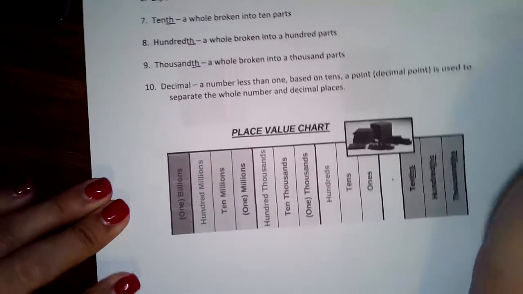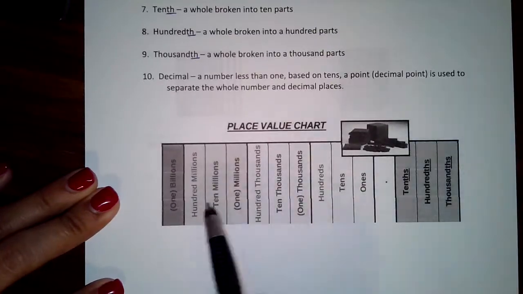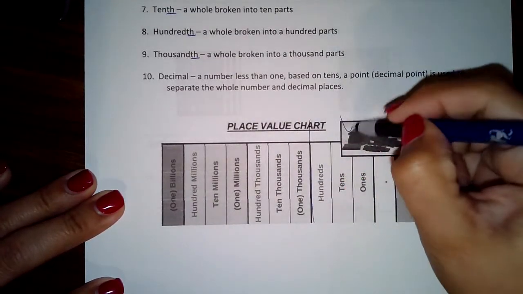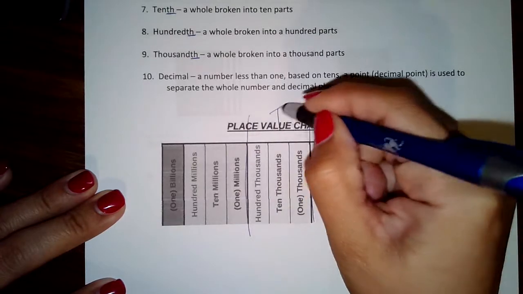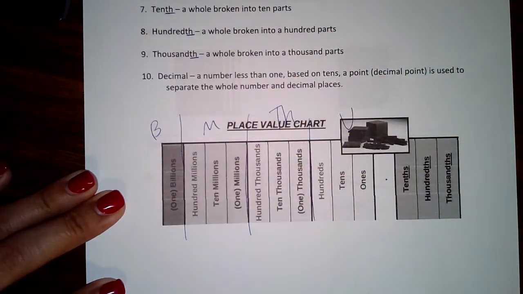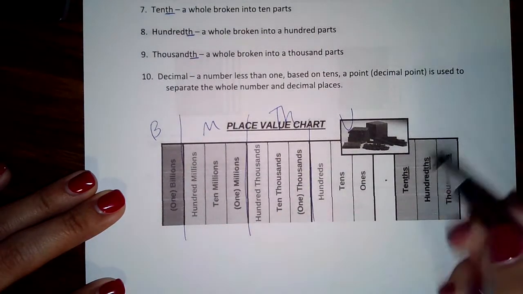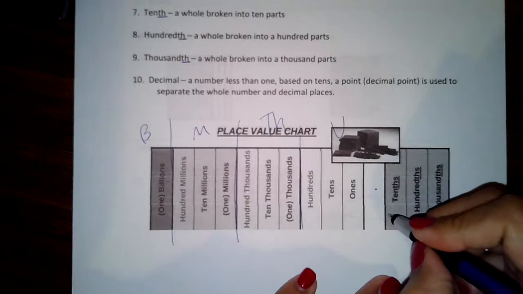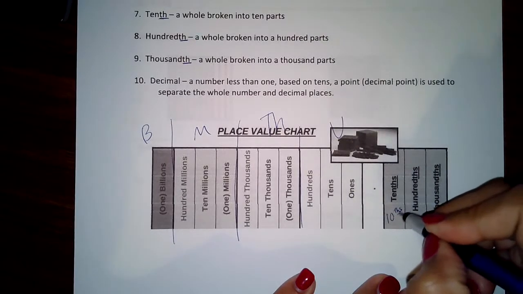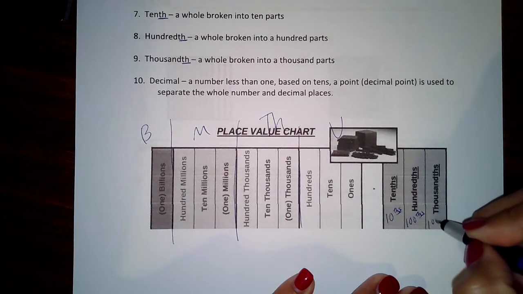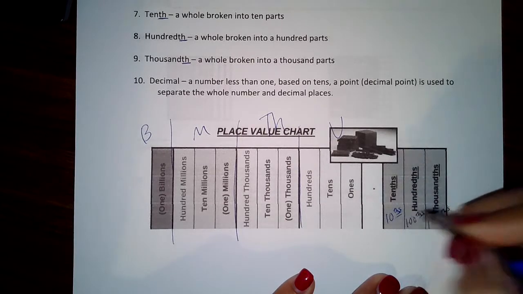Okay, here's your chart. Here we still have the units, thousands, millions, and billions over here, just like we do normally. But now we have the tenths, hundredths, and thousandths.